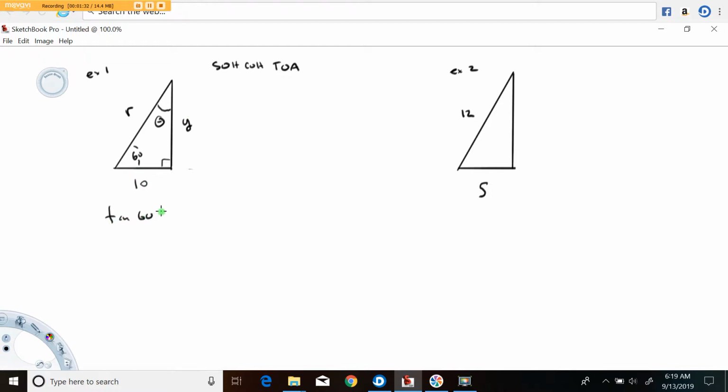The tangent of 60 degrees would then equal y over 10. To solve for y, you just multiply both sides by 10, so y should equal 10 times the tangent of 60 degrees, and I've already calculated a value here, although I can't read my own writing, so I'm going to double check this.